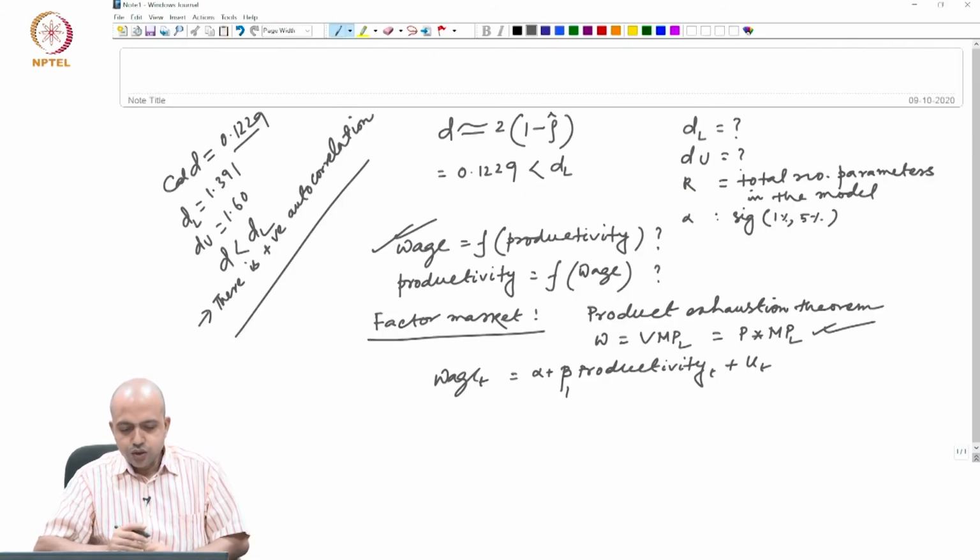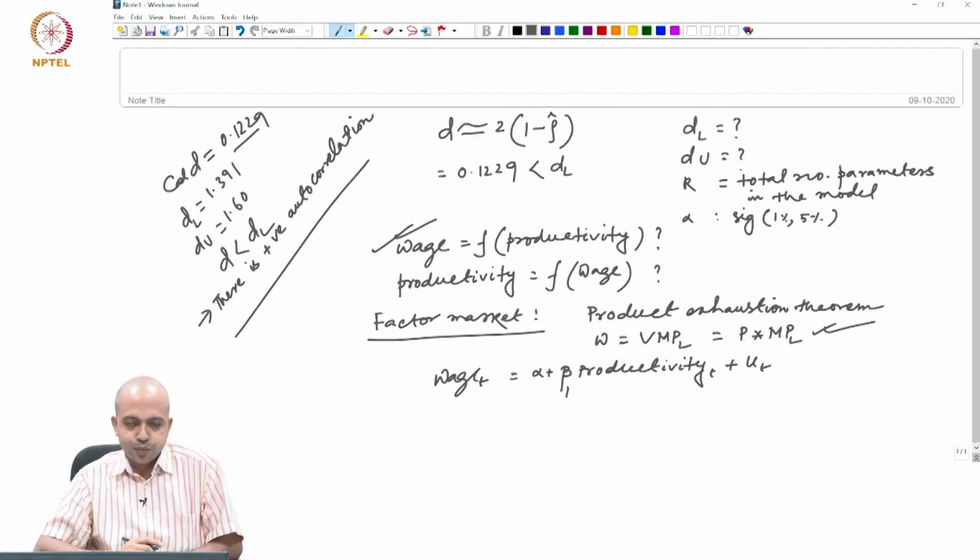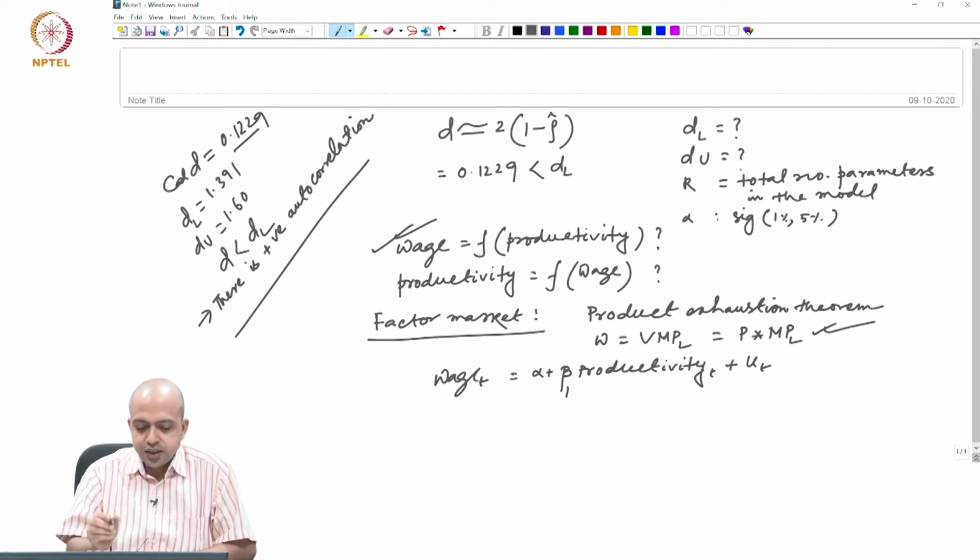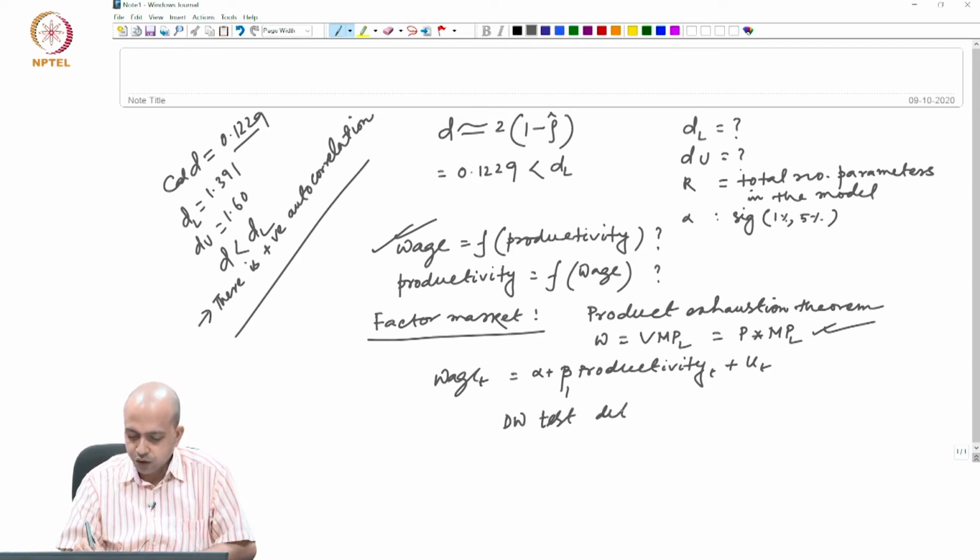Now, once you estimate the Durbin-Watson test statistic and think about autocorrelation, the next thing we need to think about is that the DW test, if you remember, detects only AR(1).